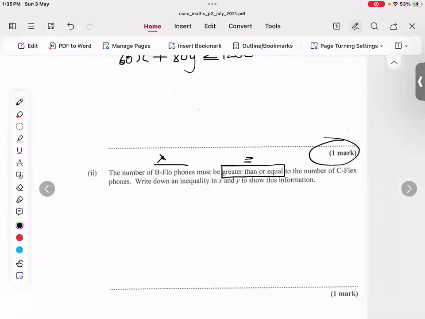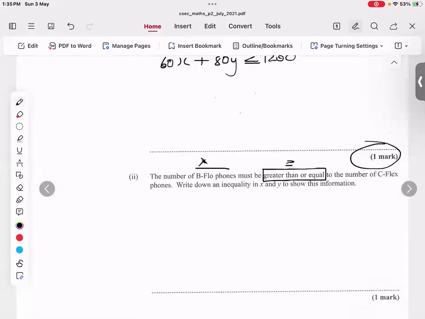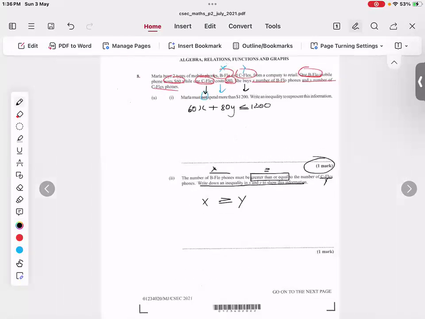And it must be greater than or equal to C-Flex. What letter represents C-Flex? Y. Write down an inequality in X and Y to show this information. So therefore the answer is just any amount of B-Flow phones bought must be greater than or equal to Y. That's it. Done.